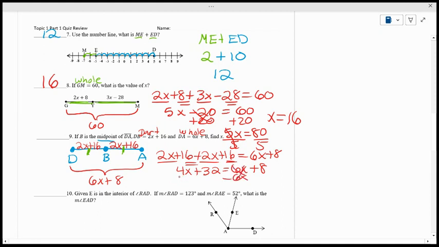Subtract 6x from both sides. It's negative 2x plus 32 equals 8. I'm running out of space, but if you solve it correctly, you should get x equals 12. And that's what you write on the line because it said find x. You found it.